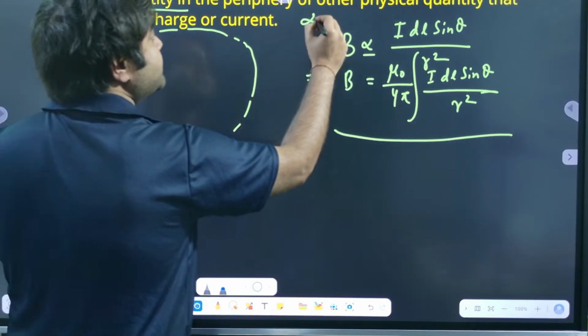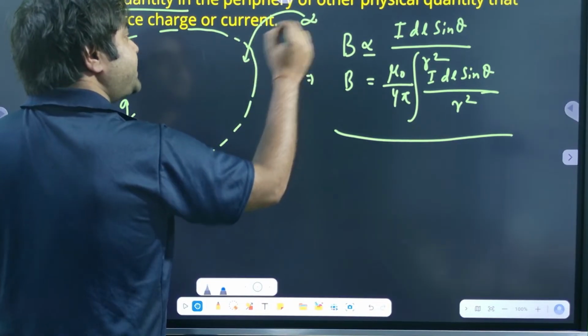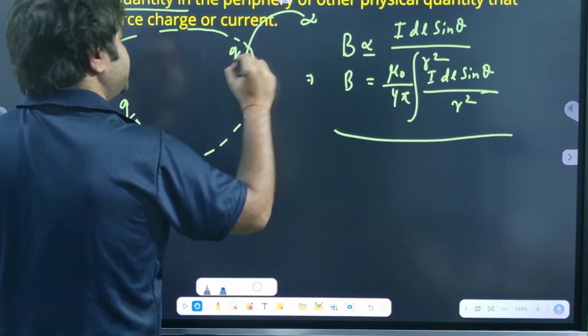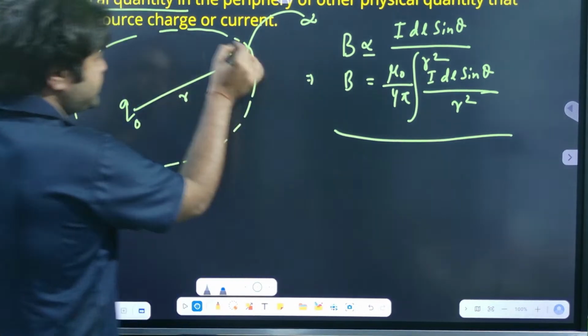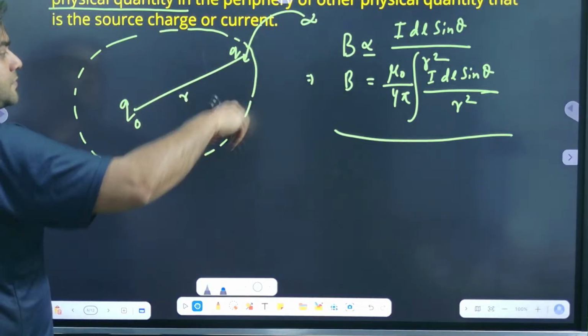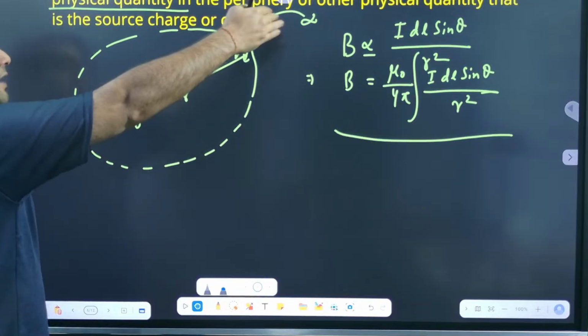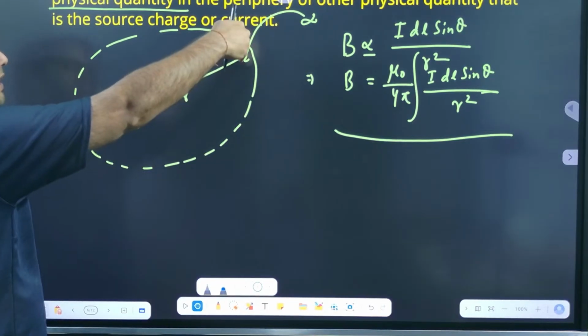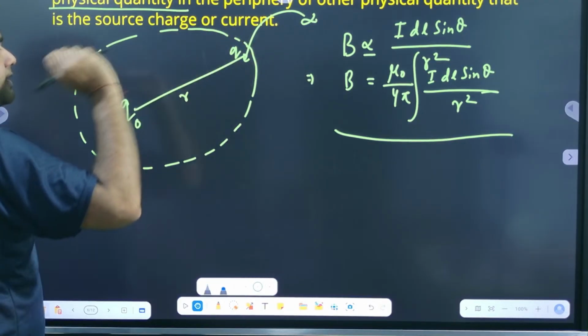From infinite distance you used to take a test charge at this point. Suppose ये R है, basically this is the periphery. ठीक है, और it is possible that it is of infinite length. Infinite से यहाँ पे ला रहे हो, यहाँ पे this is the periphery of this field, यहाँ तक ला रहे हो, यहाँ पे डिटरमाइन हो रहा है.